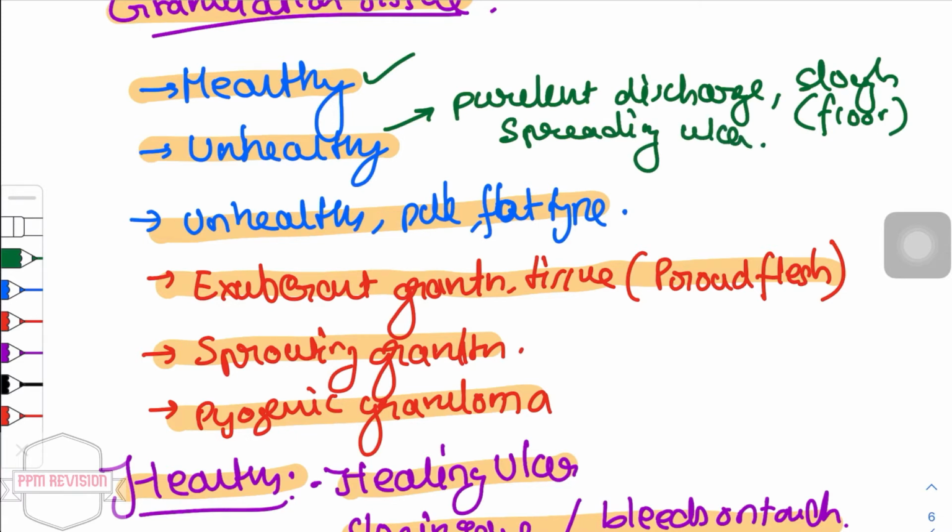Then unhealthy pale flat granulation tissue is seen in chronic non-healing ulcer.